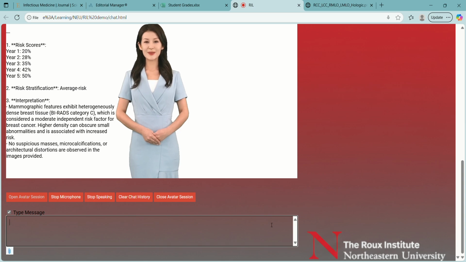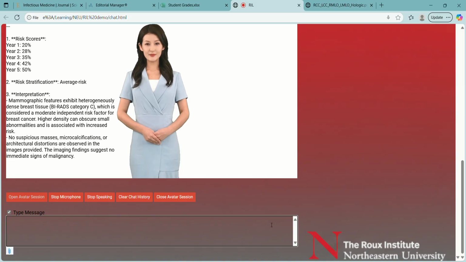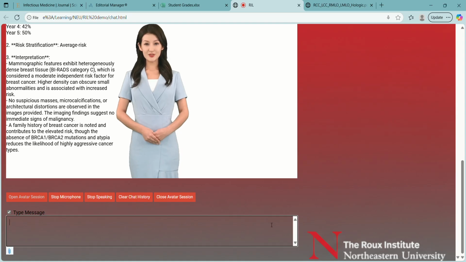No suspicious masses, microcalcifications, or architectural distortions are observed in the images provided. The imaging findings suggest no immediate signs of malignancy. A family history of breast cancer is noted and contributes to the elevated risk, though the absence of BRCA1/BRCA2 mutations and atypia reduces the likelihood of highly aggressive cancer types.